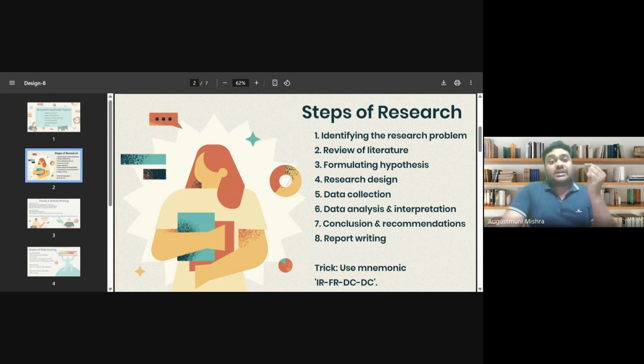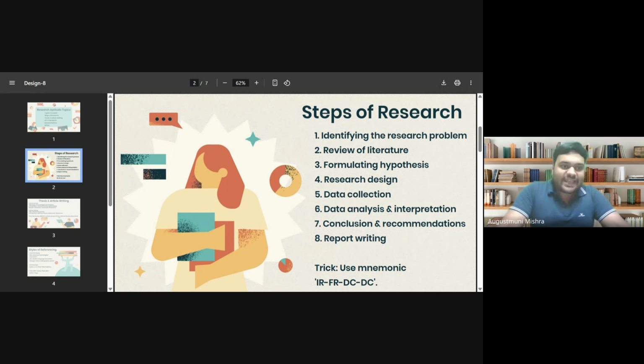The first objective of review of literature is that it broadens the knowledge of the researcher about the research problem, like I just discussed in the first step. It will give you a broad perspective related to your research problem, because you cannot understand the reasons just by reading 2 or 3 research papers.